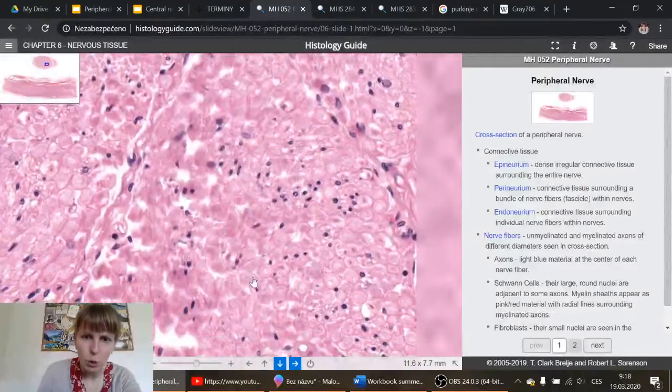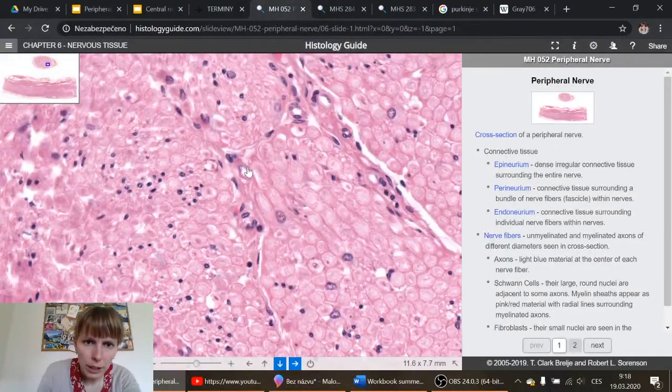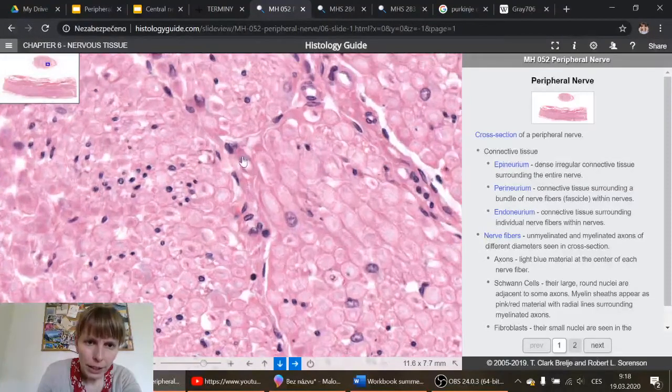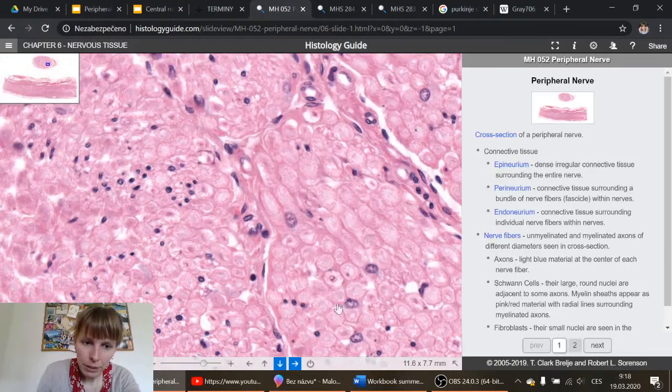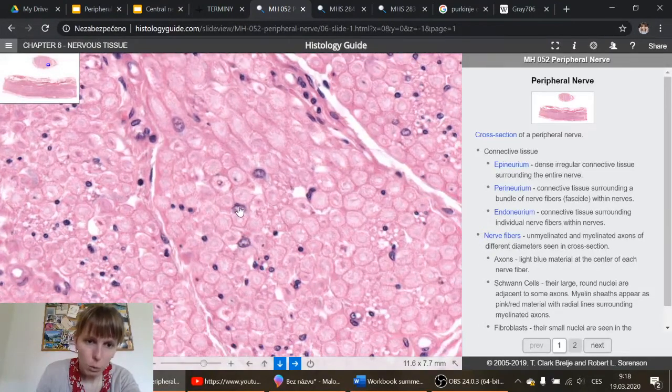In the loose connective tissue you would see fibroblasts, and you would also see blood vessels. So this would be a capillary here, and all of these are the myelinated axons. Also there are bigger cell nuclei, and these would be nuclei of the Schwann cells. So think about the axon and it being wrapped in the cytoplasm and membrane of the Schwann cell. So this could be a nucleus of the Schwann cell, and it's wrapping its cytoplasm around this axon. So endoneurium will be between the axons, this pink stuff between the axons.